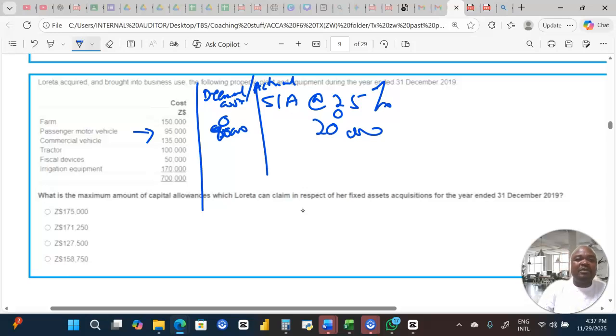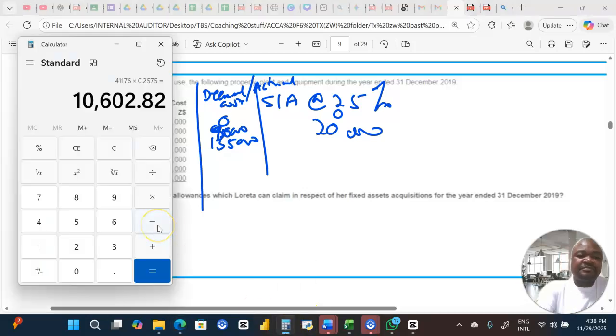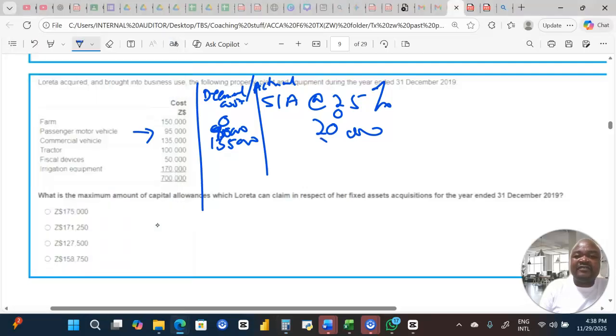For the commercial motor vehicle, we apply the cost to the employer, 135,000, and 25% of 135,000, that's 135 multiplied by 25%, which is 33,750.